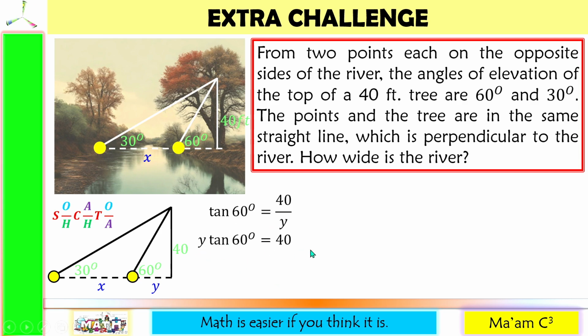We're going to divide both sides by tangent 60 degrees. Tangent 60 degrees will cancel out. So we have y is equal to 40 divided by tangent 60 degrees. I have already shown how to use the scientific calculator, so you may do it on your own. 40 over tangent 60 degrees is equal to 23.09. So meaning this distance is 23.09.